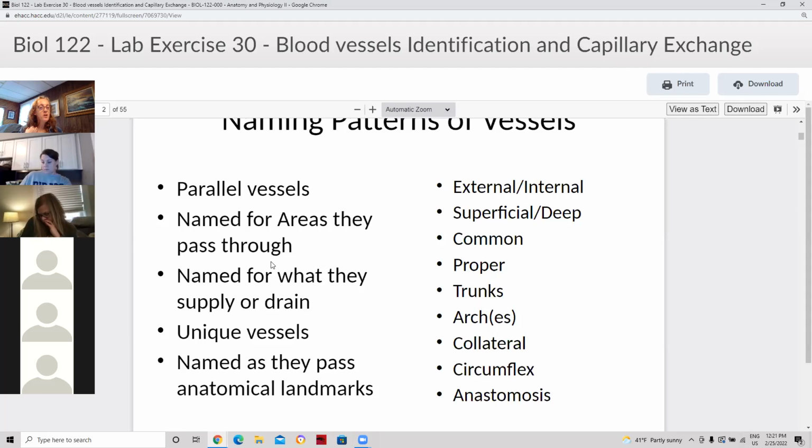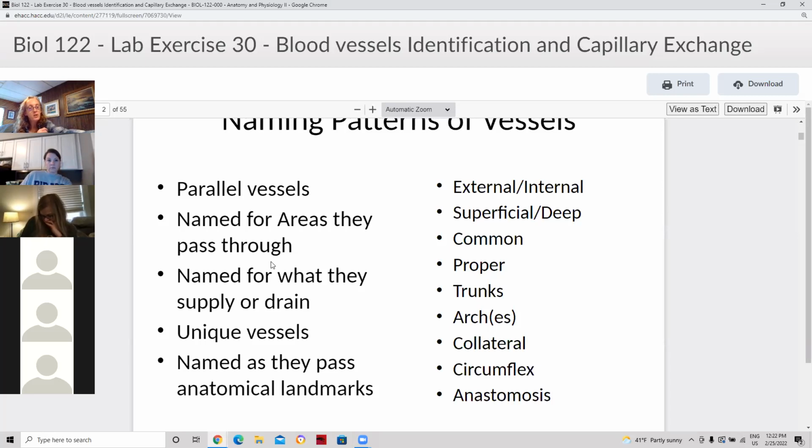We do have some unique vessels where their names are not paired with another artery or vein. For example, your median cubital vein. You don't have a median cubital artery, but this is the one that runs in your arm, that they like to draw blood from.